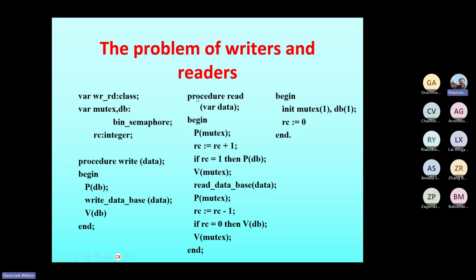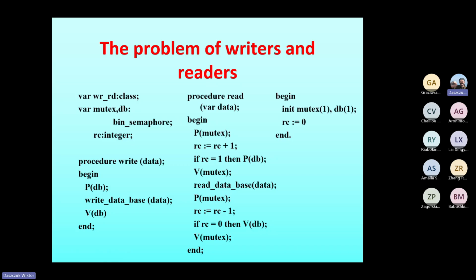Let's look how the reader operates. It closes the critical section of RC, increments RC. If it is a change from 0 to 1, from no reader to one reader, we take the critical section.